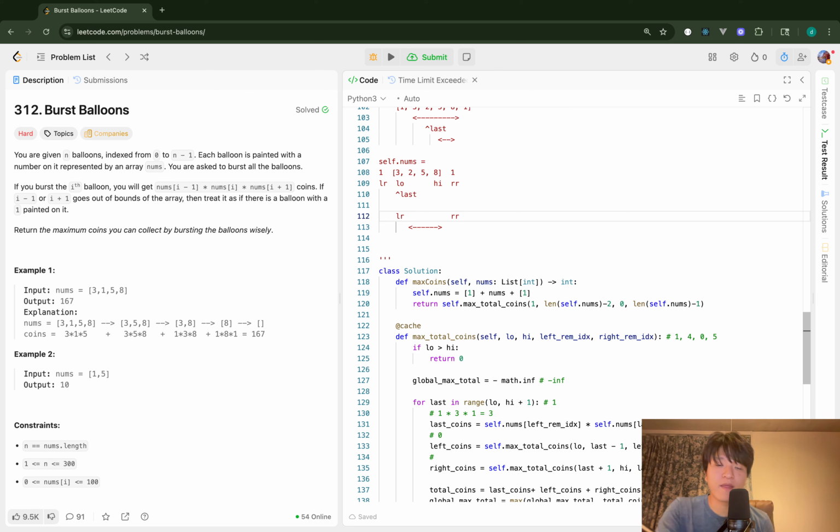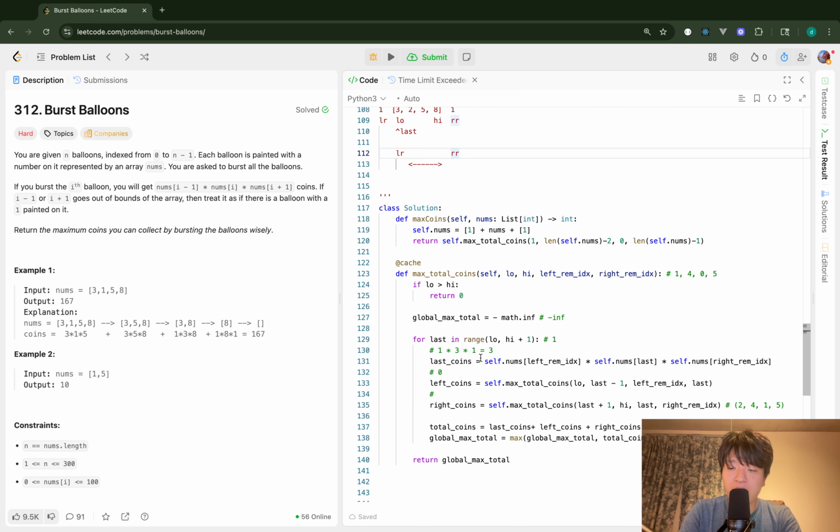Yep, and this is completely as expected, because I'm interested in this range, and the remaining balloon on the left-hand side, not bursted and closest to the current range, is this one. Yes. And same for the right remaining index. This is correct. Okay, so seems like so far everything is correct.